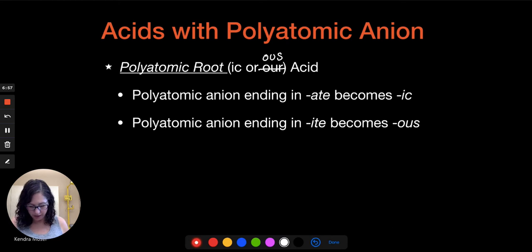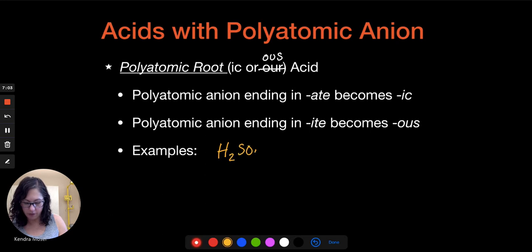So here's an example. Okay, say we have H2SO4. This would be sulfur because the SO4 is sulfate. Okay, so SO4 is sulfate.